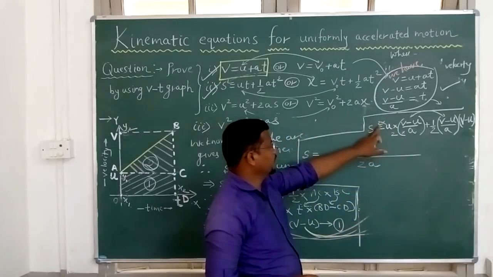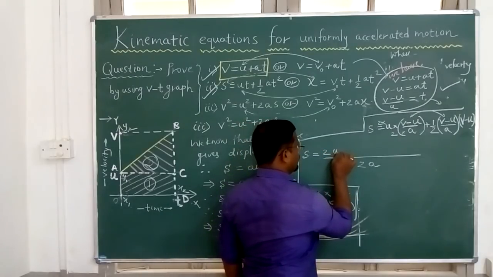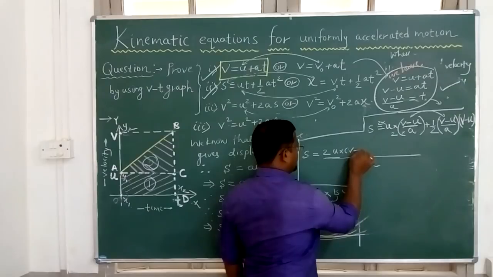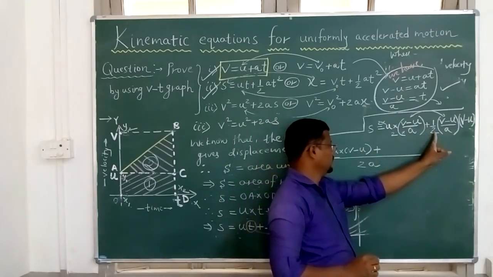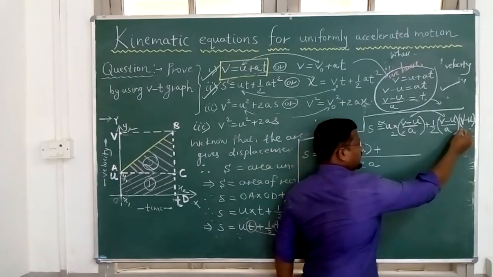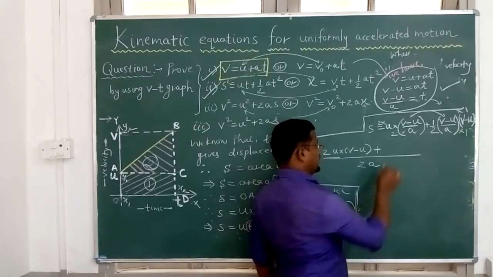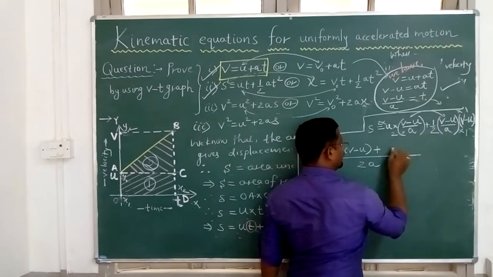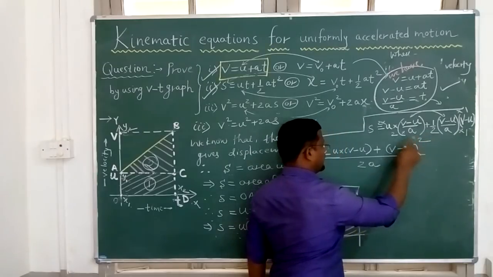So 2 times U into (V minus U) plus, what is the denominator? 2A. So here I have to multiply by 1, so in the numerator also I multiply by 1. So (V minus U) into (V minus U). So is it (V minus U) whole square? It is (V minus U) whole square.